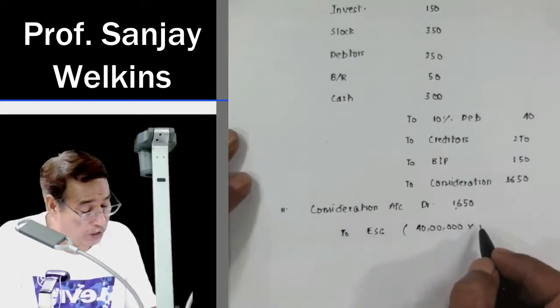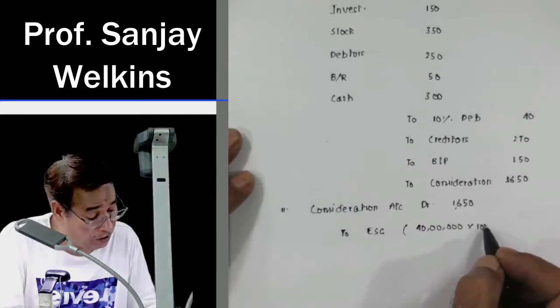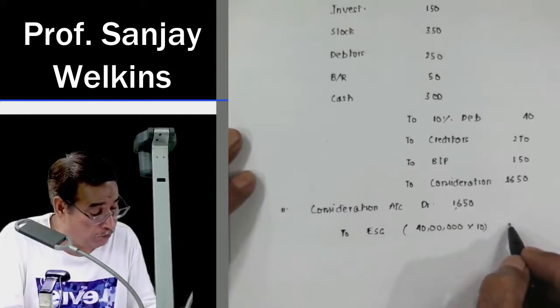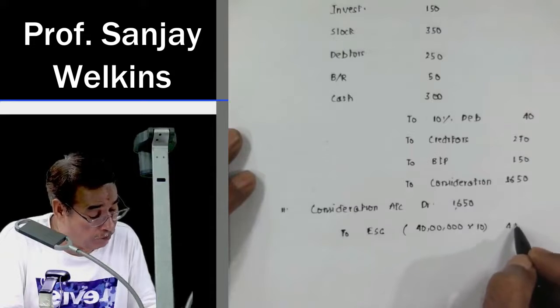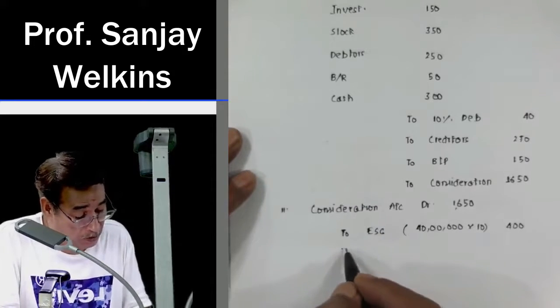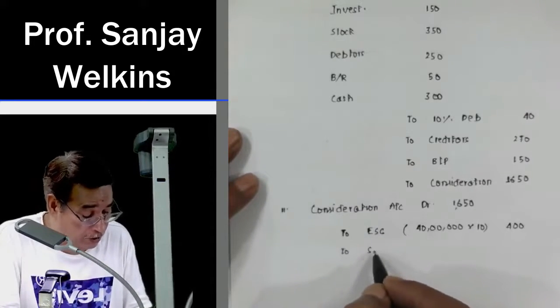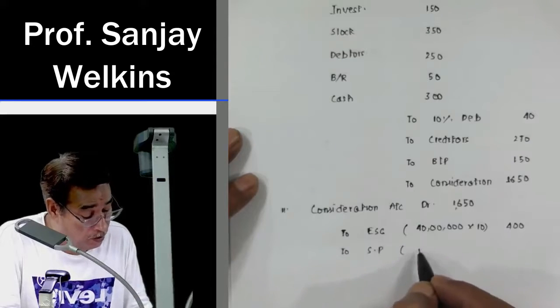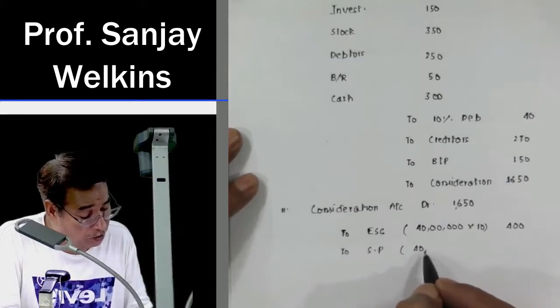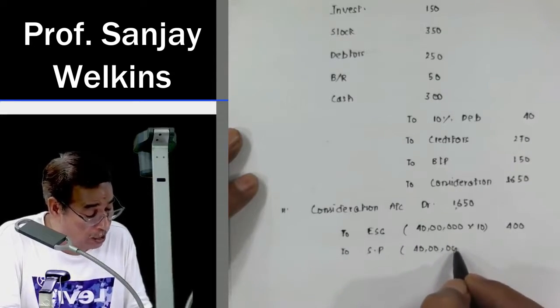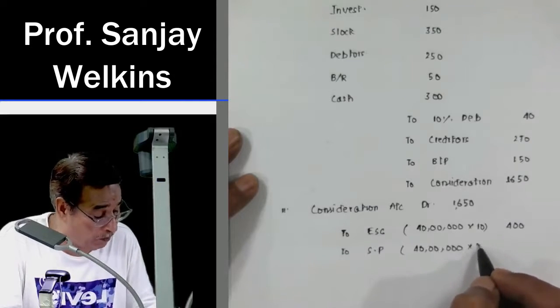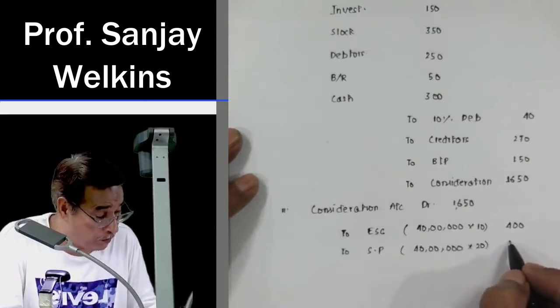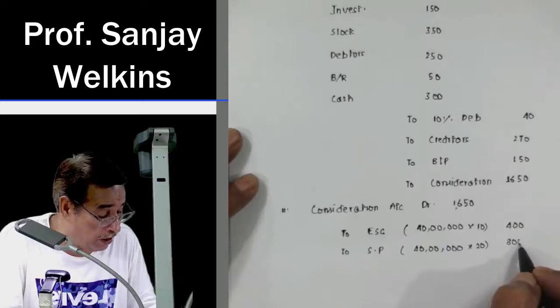Correct? So 40 lakh shares of rupees 10 each are being issued. So here I will write 400 lakhs, and then I will write here securities premium, because these 40 lakh shares were issued at the rate of 30. So that means premium will be 20. So premium will be equal to 800 lakhs.